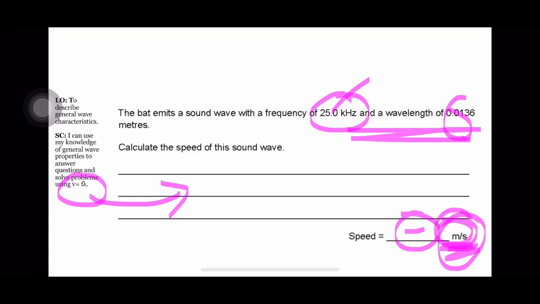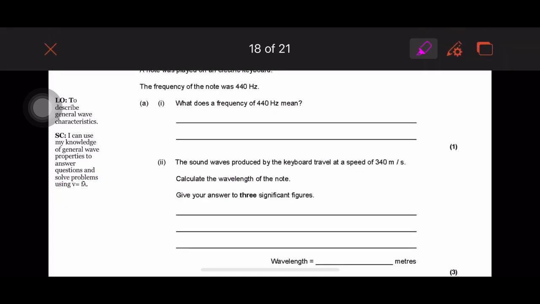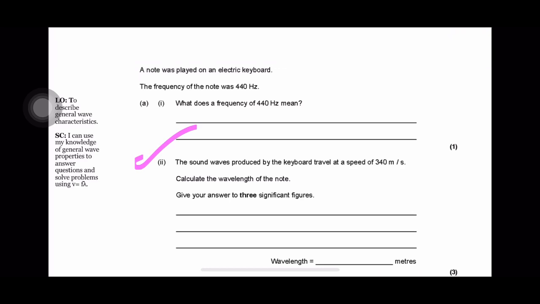Next, same thing here, you're going to solve this in your notebook also. I need to see all of your answers to these questions. Do you understand? This is just v is equal to f lambda, and you have to understand by now why marks are given this way.